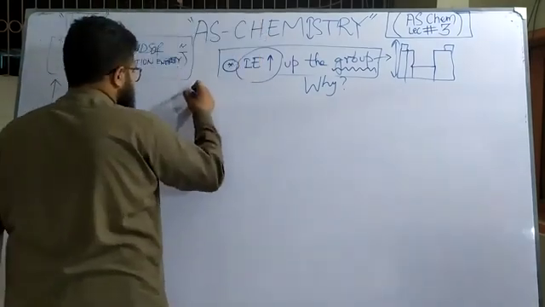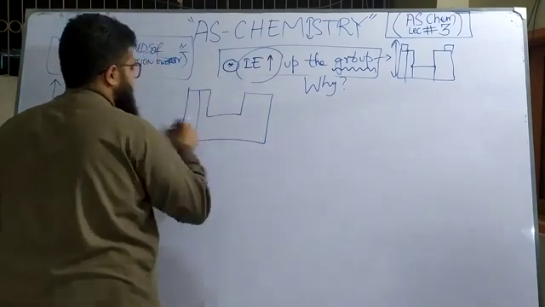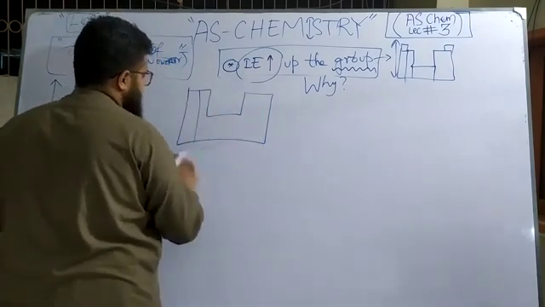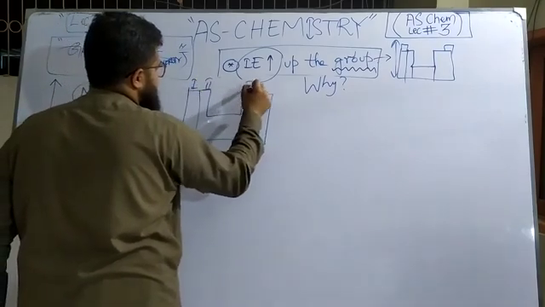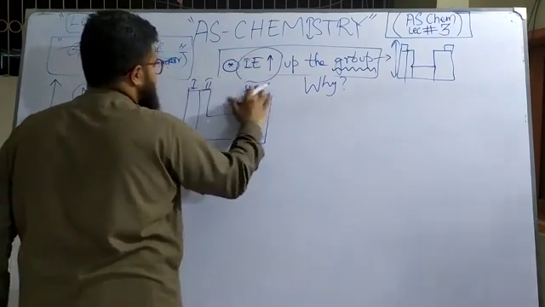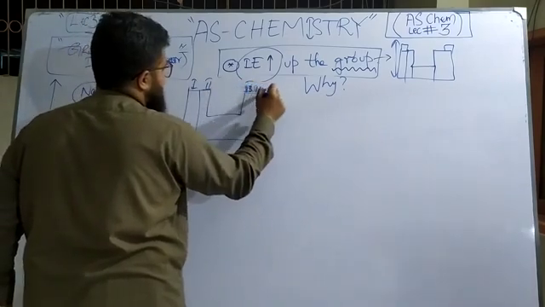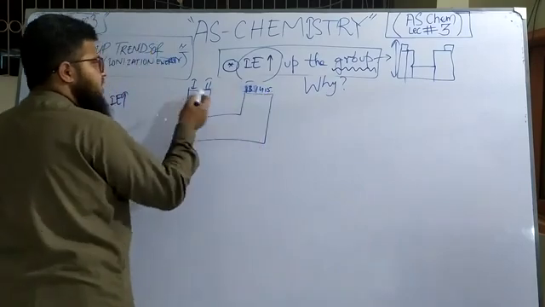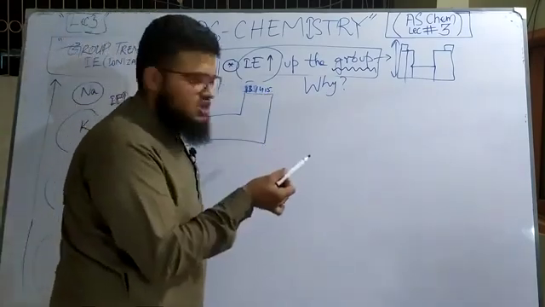Now for instance, I have the periodic table right over here, and in the periodic table I've got many groups, right? The first group, the second group, and then the 13th, 14th, 15th, 16th, and so on. I hope you guys know this nomenclature.